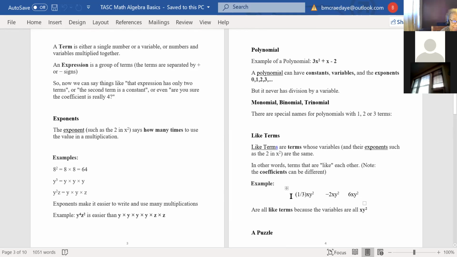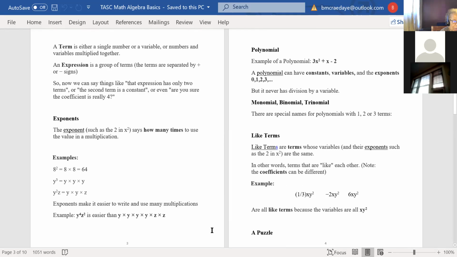If you were adding these, you'd add the 1/3, the -2, and the 6, because those are coefficients of these terms. You cannot combine them unless the terms are the same. If this was a z squared, then you could not combine it with these. They have to be exactly alike.